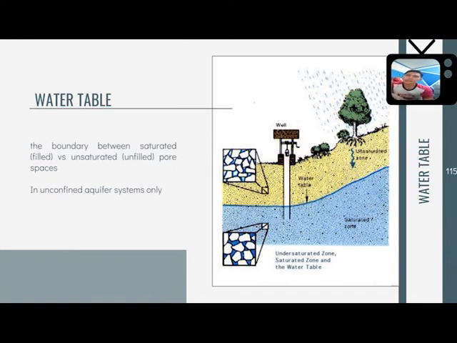Influent or gaining stream. Flow velocity of groundwater is variable, very fast to very slow. It flows from high to low pressure areas. So this is the figure of the draining stream from water table, zone of aeration, high pressure, zone of saturation, low pressure, high pressure.